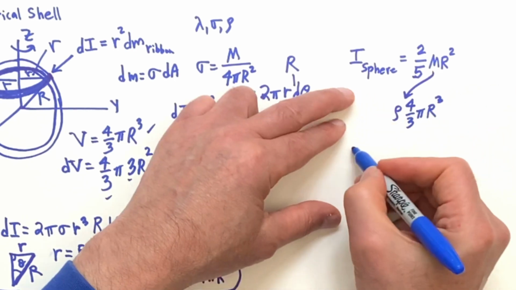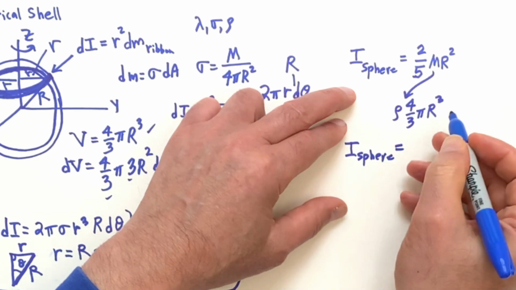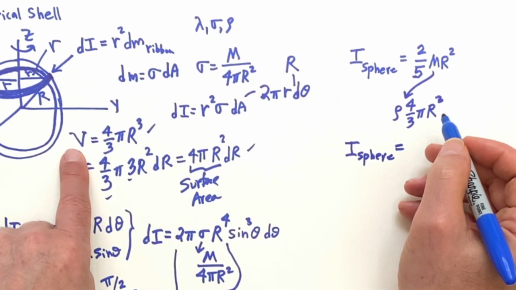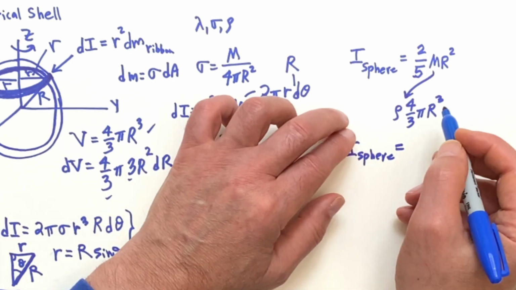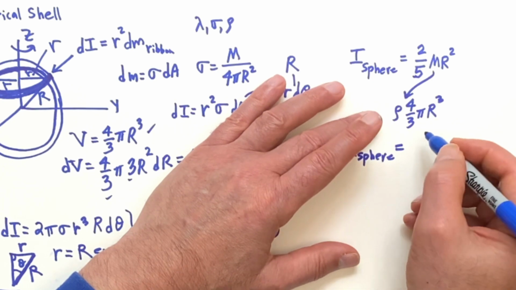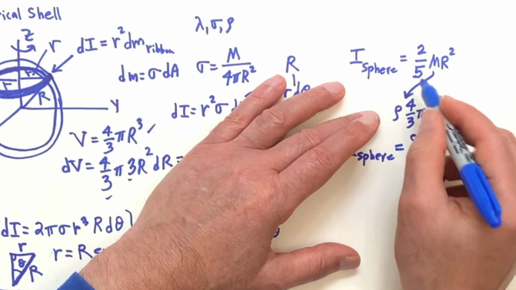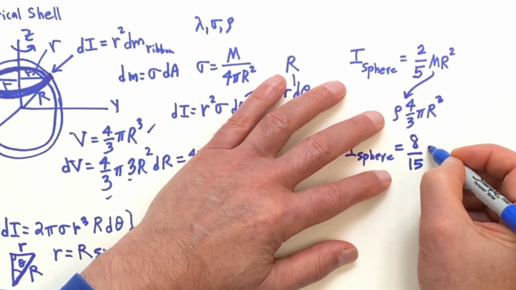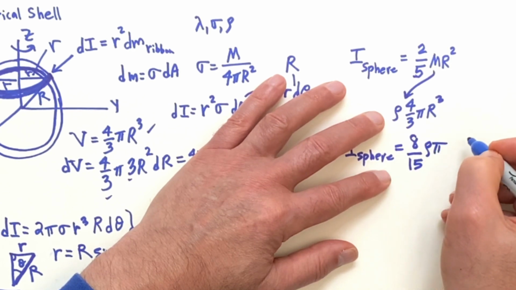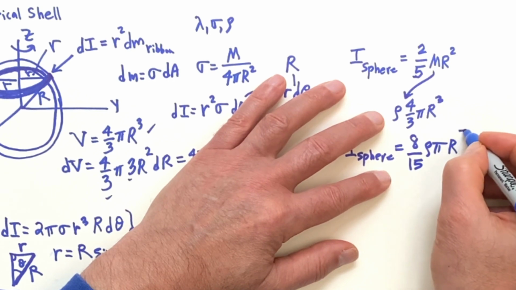So for the sphere, I'm about to take a differential, and a dr is going to show up on the right, but I want to make sure that the r's are everywhere I can see them. So 2 times 4 is 8, and 3 times 5 is 15, so 8/15, and then we have the rho and the pi and the r to the 5th power.